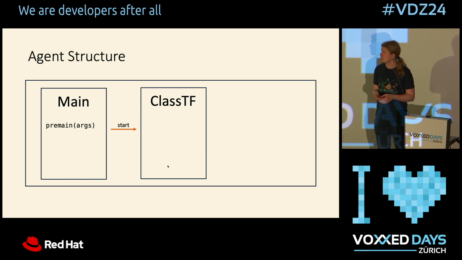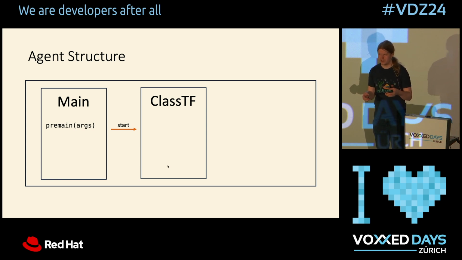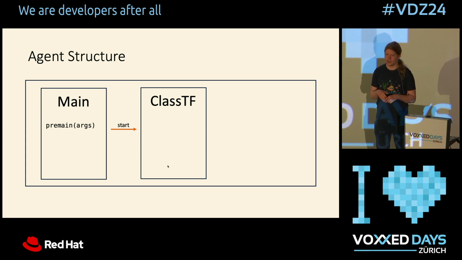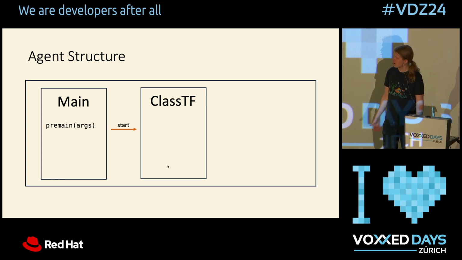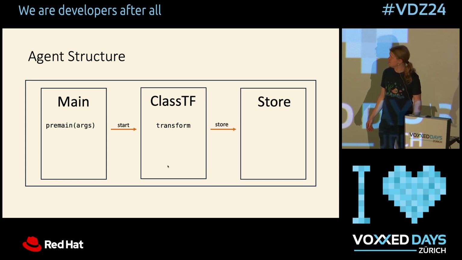So we start a new thread and usually mark it as a daemon, so that the JVM doesn't have to wait till this thread stops to stop properly. In our case, it's the class transformer. This is just a simple method called transform that transforms our code.